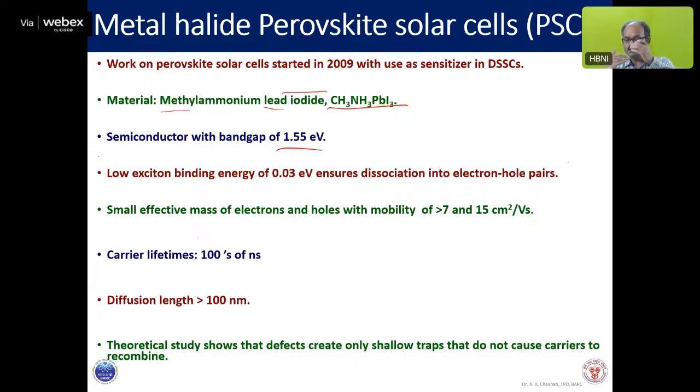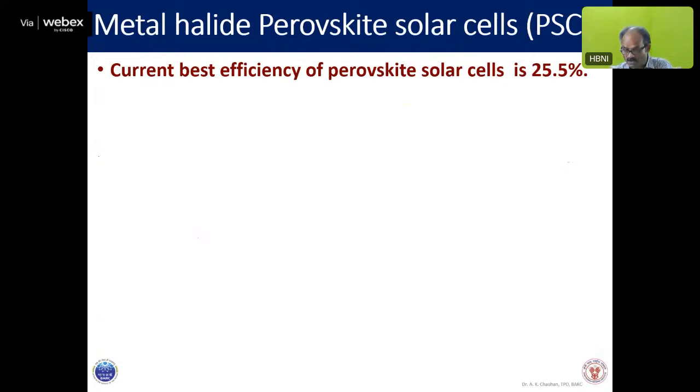If traps are very deep, the probability is very high that the electron will get trapped there. But in this material only shallow traps are generated, which do not cause carriers to recombine or to get trapped in some cases.